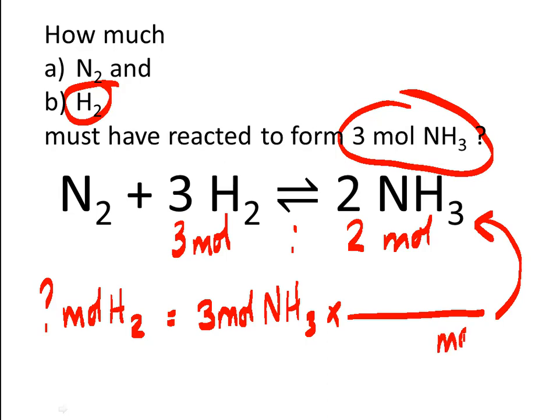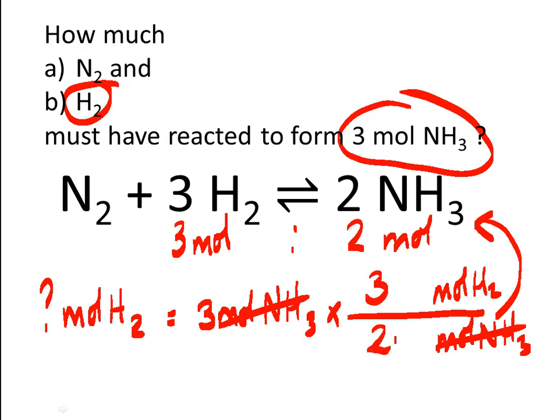We need moles of ammonia at the bottom to cancel away the given unit. We need moles of hydrogen at the top to introduce the required unit. And we know from the reaction ratio from the balanced equation that for every 3 moles of hydrogen that reacts, that produces 2 moles of ammonia.